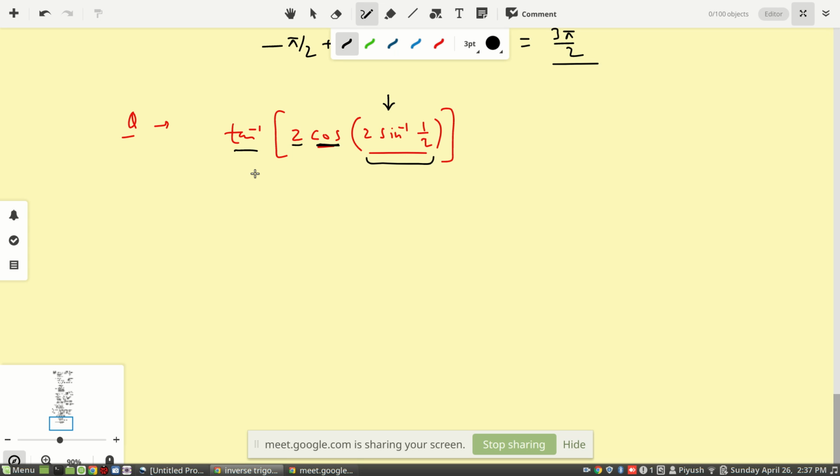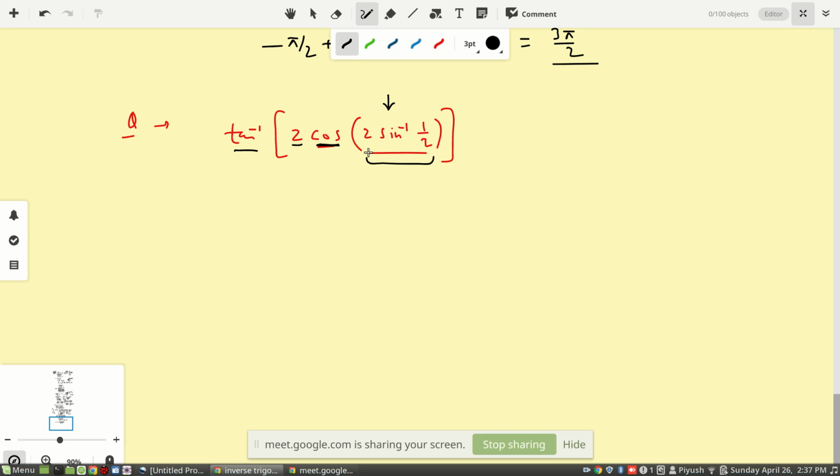So anybody getting the answer, or you want me to solve this? Okay, so just see the solution. If you have tried, just match this.